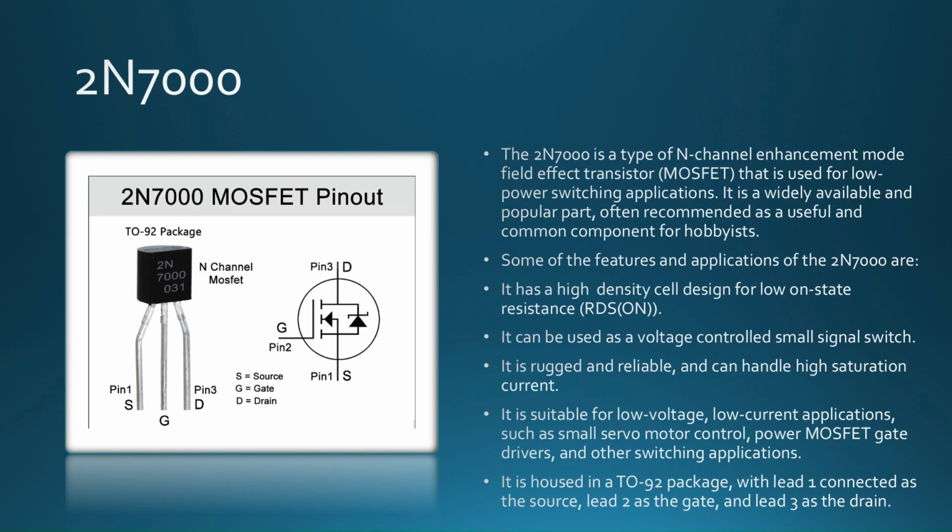It can be used as a voltage-controlled small-signal switch. It is rugged and reliable, and can handle high saturation current. It is suitable for low-voltage, low-current applications, such as small servo motor control, power MOSFET gate drivers, and other switching applications. It is housed in a TO92 package, with lead 1 connected as the source, lead 2 as the gate, and lead 3 as the drain.